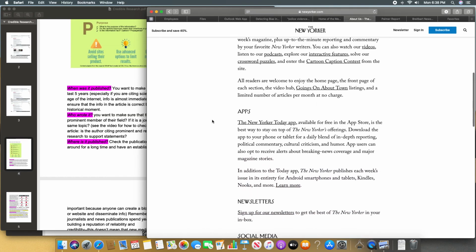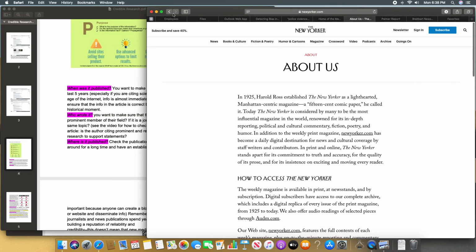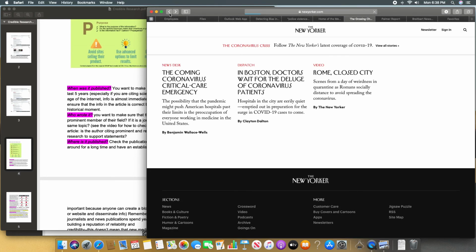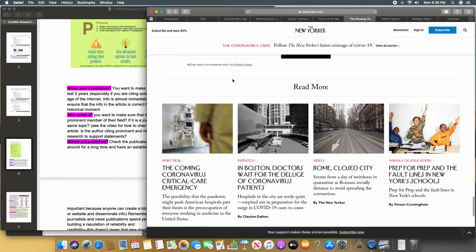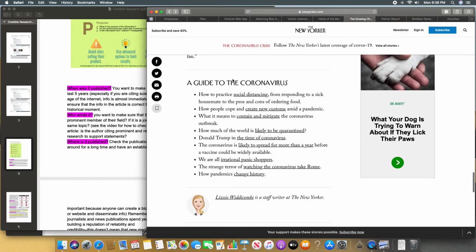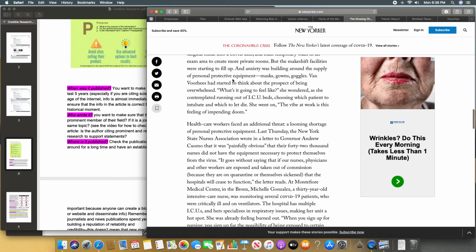Holy cow! Here's all of their information. So they've been around for a long time, and I know that the New Yorker is respected, and that they vet their journalists very well. So we can check that off.